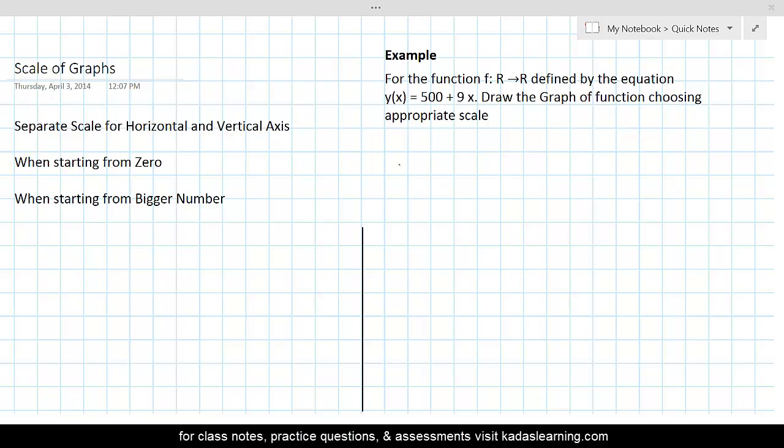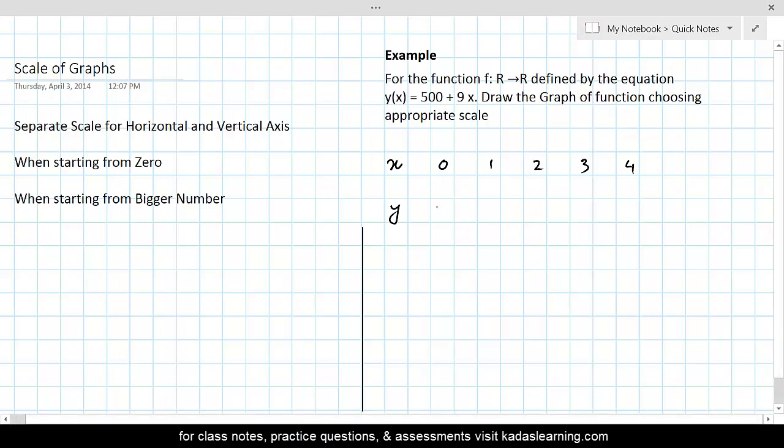So from this equation, the first thing we are going to do is get the table of values. So let's label one column as x and the other column as y, and 0, 1, 2, 3 and 4. These 5 values for x, and against these 5 values we will find values of the dependent variable y.